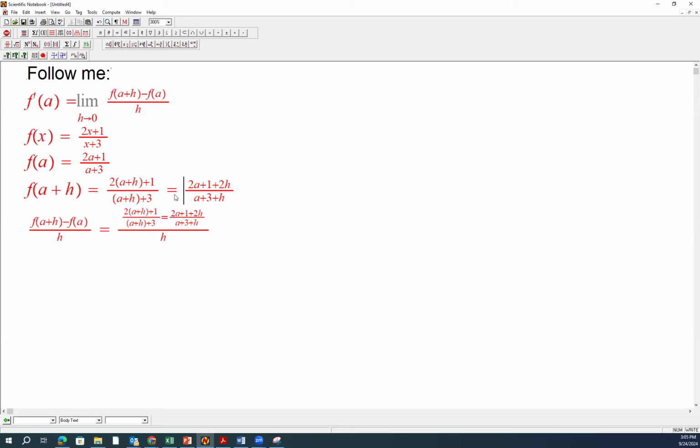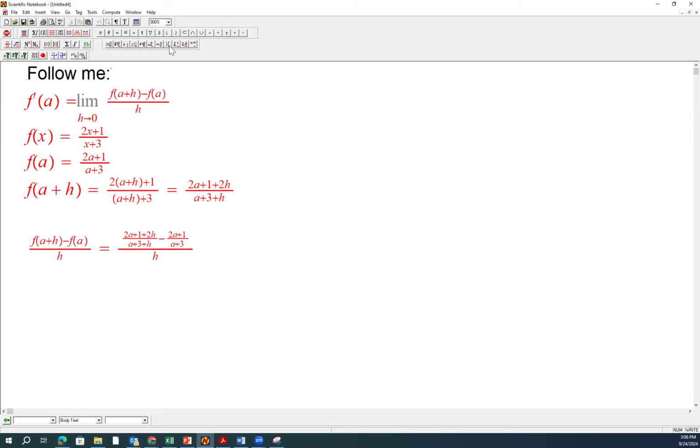All right, so this is f of a plus h subtracting f of a. That's f of a plus h, which is right here, and subtracting f of a. So we have set it up.